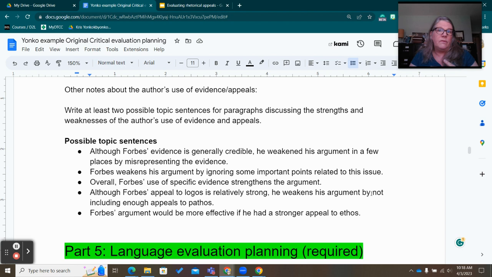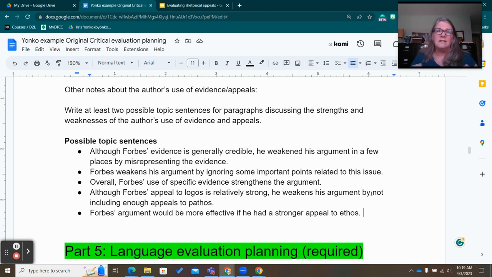We're going to refer to one of those in the topic sentence. And then we're basically going to say whether it strengthens or weakens the argument. We can also use words like effective use of pathos, ineffective use of ethos, or successful and unsuccessful. That's some language that might work in these topic sentences. But notice this pattern.